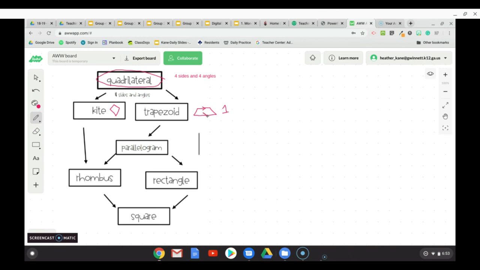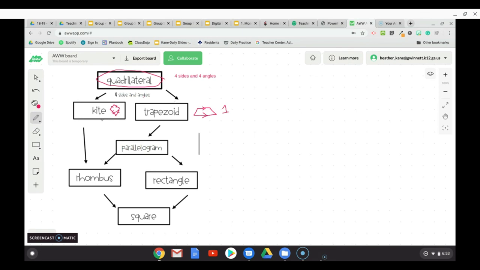So sometimes when you're looking online at other resources, they will use an exclusive definition. We use the inclusive, so it just has to have at least one, but it can have more than one. And the kite has to have those 2 congruent adjacent sides. Adjacent means next, and congruent means the same. And you show that by having the lines like I am doing right now.